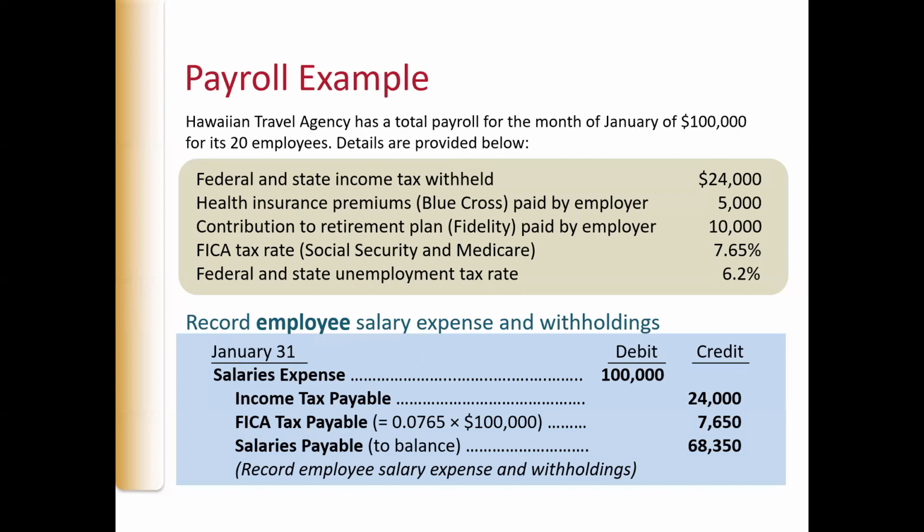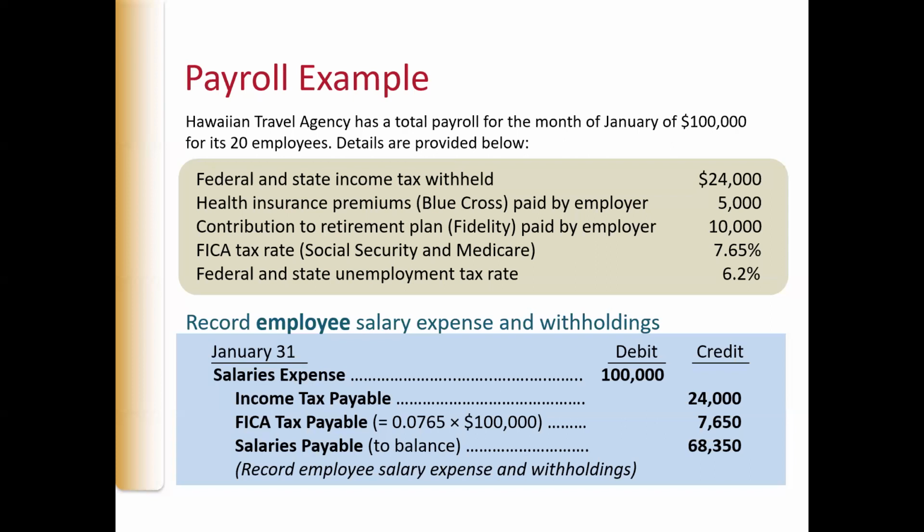We'll credit a FICA tax payable out of the employee's paychecks of 7,650. And then salaries payable, which ends up going into the individual employees' bank accounts, 68,350. So this would be the first piece of recording the payroll.